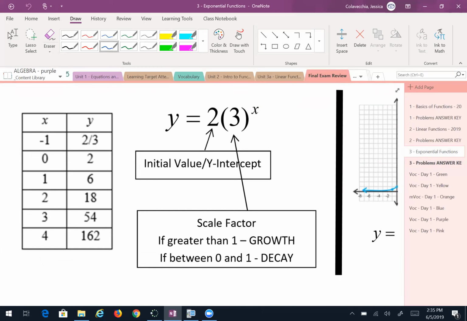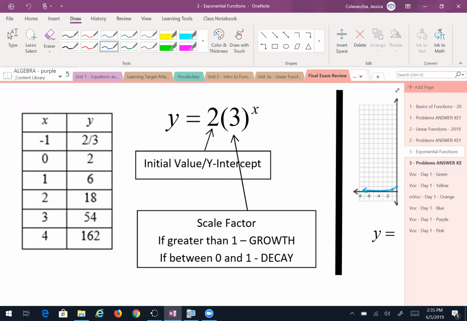What's another way to say scale factor? Or what is a scale factor? No, that's the initial value. Rate of change is like for our linear functions. What is a scale factor though? The fact that this one has a scale factor of 3, what does that tell us?